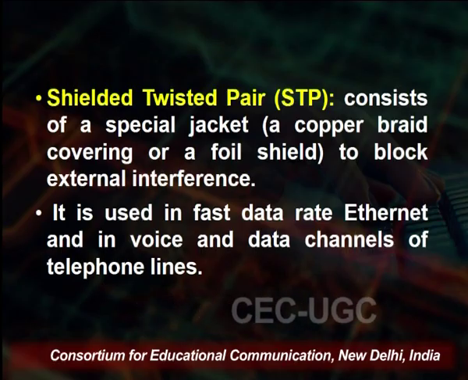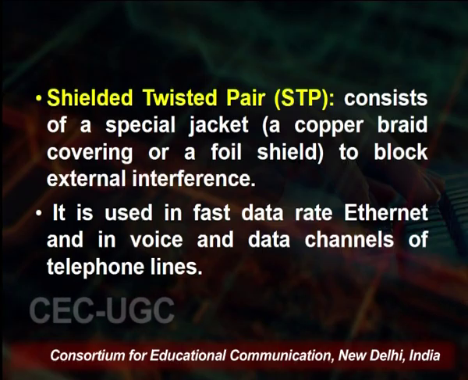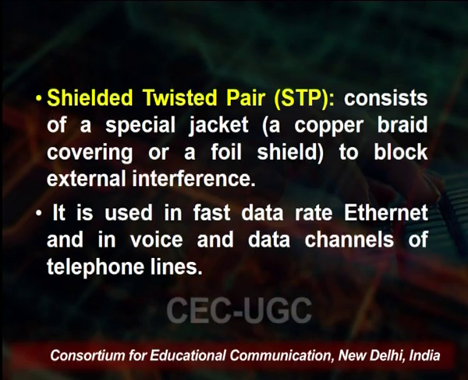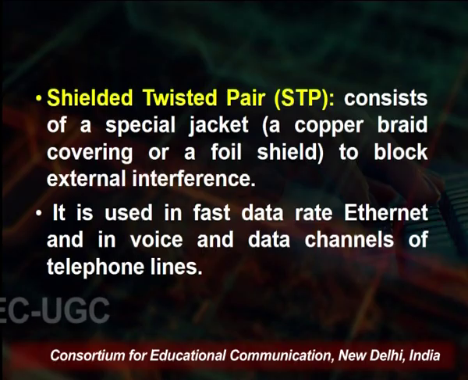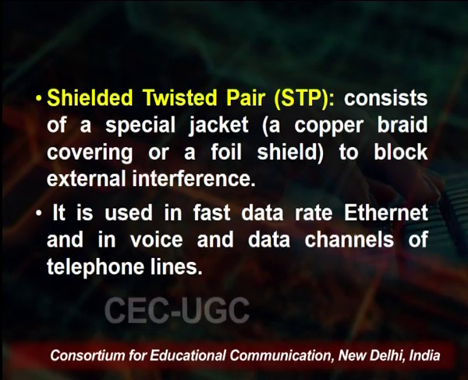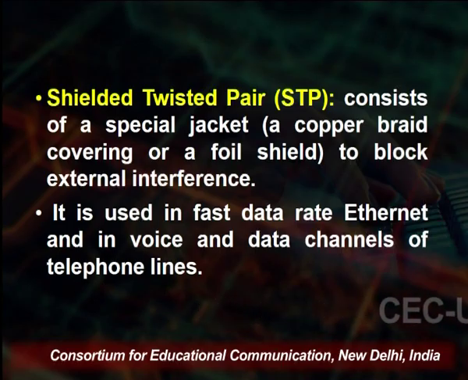Basically, this shielded twisted pair consists of a special jacket, which can be in the form of a copper braid covering on a foil shield to block external interference, and it is used in fast data rate Ethernet and in voice and data channels of telephone lines. So this was mainly shielded twisted pair.